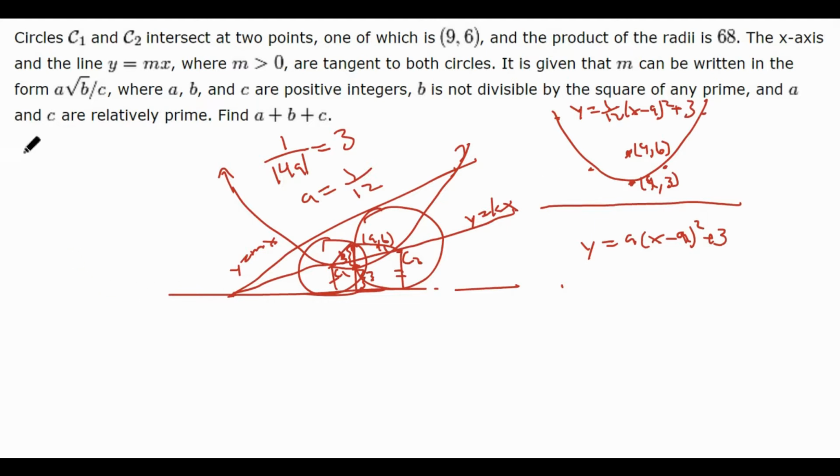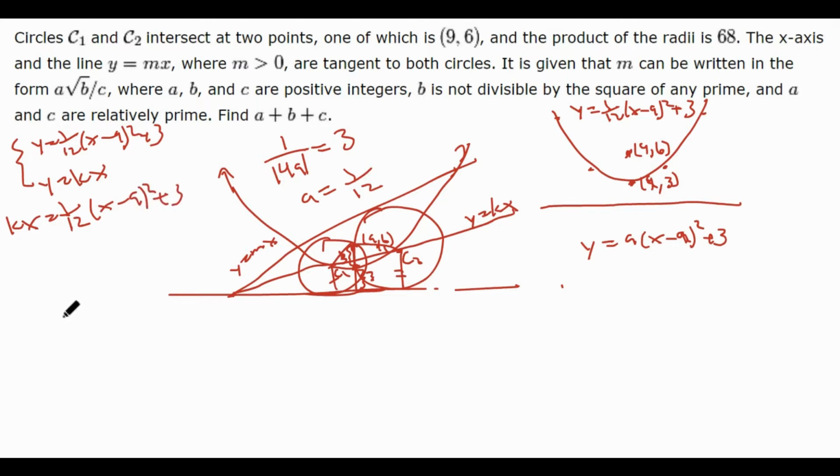Now we know the equation of the parabola, y equals 1/12 (x minus 9) squared plus 3, and the equation of the line, y equals kx. We can find the solutions now by plugging in kx equals 1/12 (x minus 9) squared plus 3.